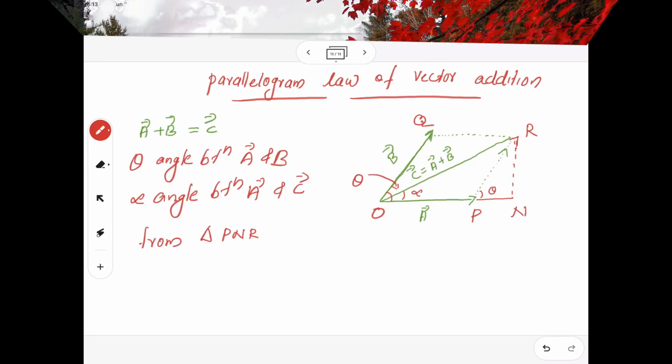So sin theta is opposite side RN divided by hypotenuse. The hypotenuse is vector B. So RN by vector B.